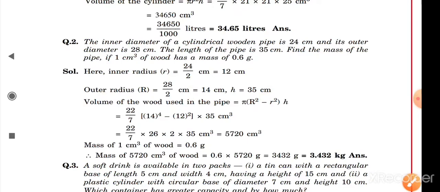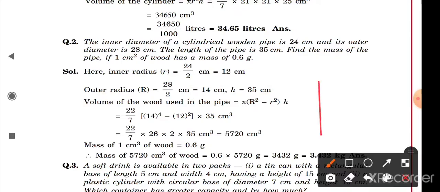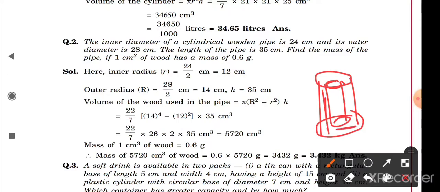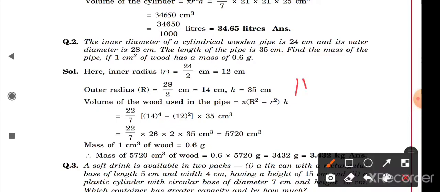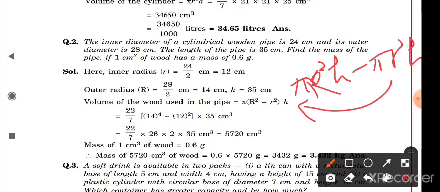But you should understand that it's a hollow cylinder, that means there is an inner radius and an outer radius, and we have to find the volume of this much, that means the wood required. So this volume will be pi r square h minus pi r square h. You will take the common pi and h, and you will substitute all the values.